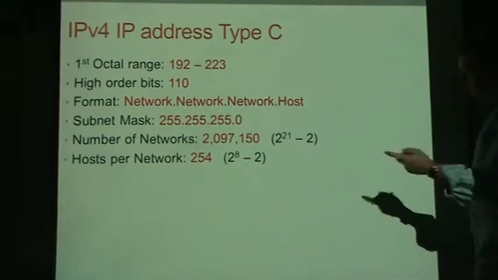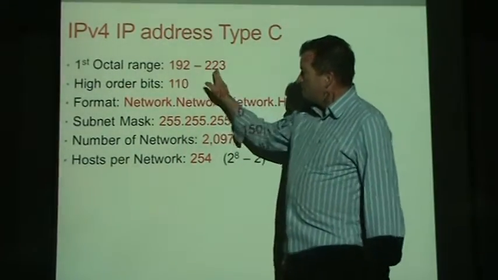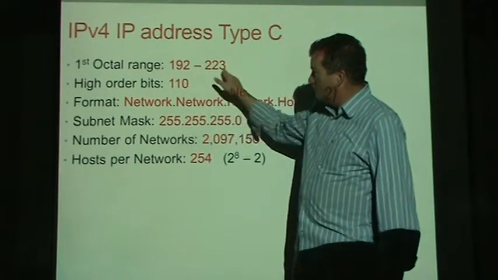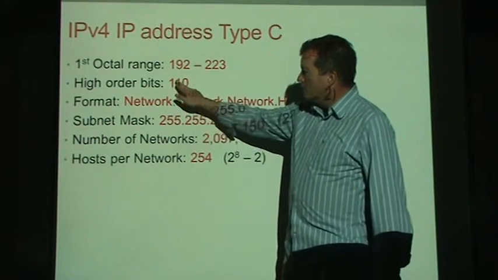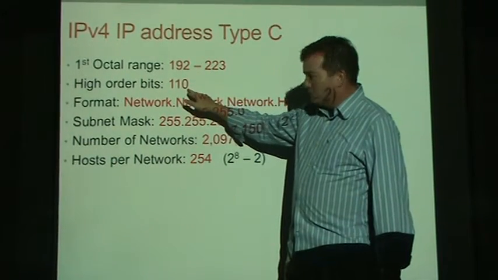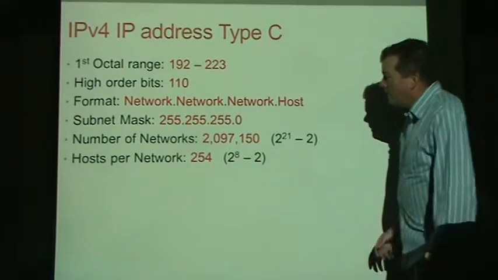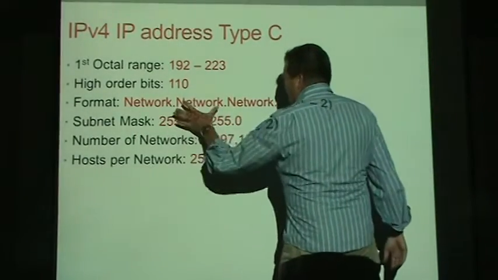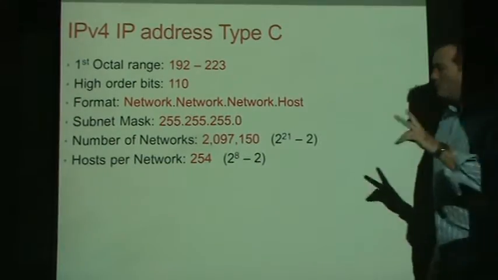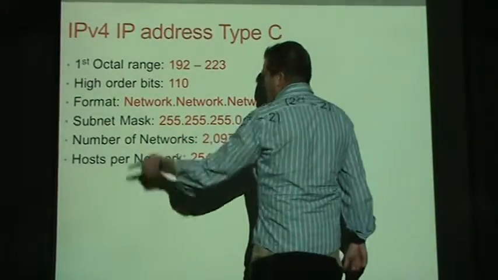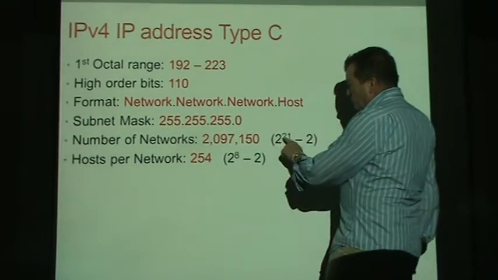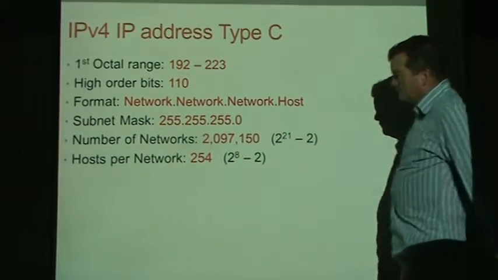The type Cs are the numbers where the decimal value for the first octet is between 192 and 223. The high order bits are 1 meaning not A, 1 meaning not B, and 0 meaning C. And now we use the 24 bits as the network number. But we had to use up 3 of them just to say it's a type C. So it ends up being 2 to the 21, again -2.